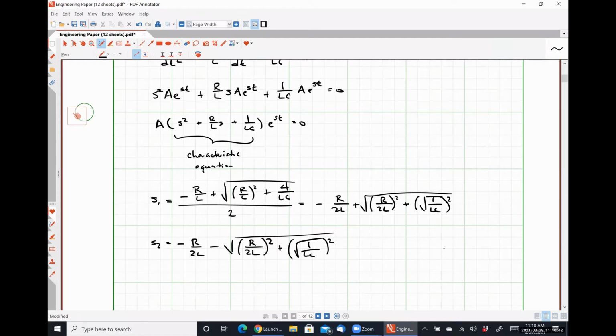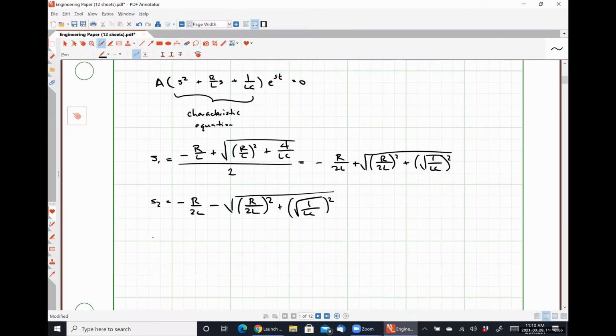And this leads me to the exact same point that we were at with our parallel RLC circuit, where I'm going to define alpha and omega naught for a series RLC circuit. So alpha, which is still our Neper frequency representing the attenuation of the signal, is R over 2L.